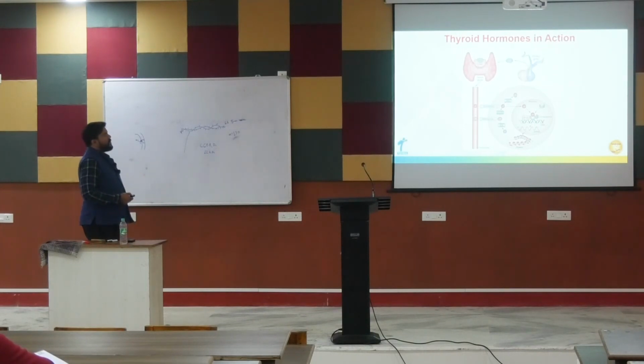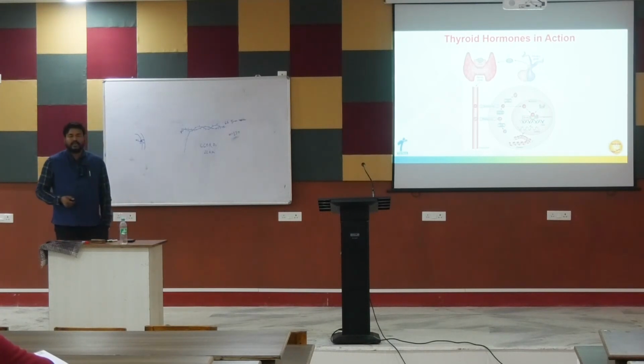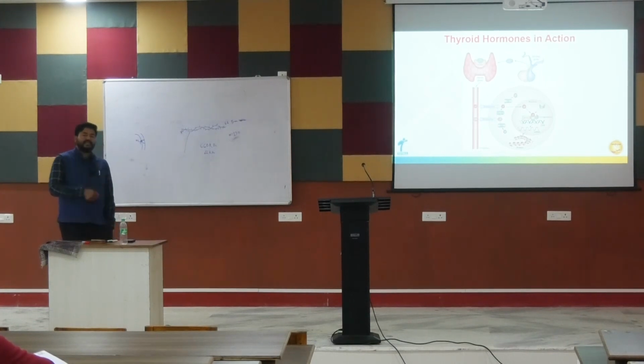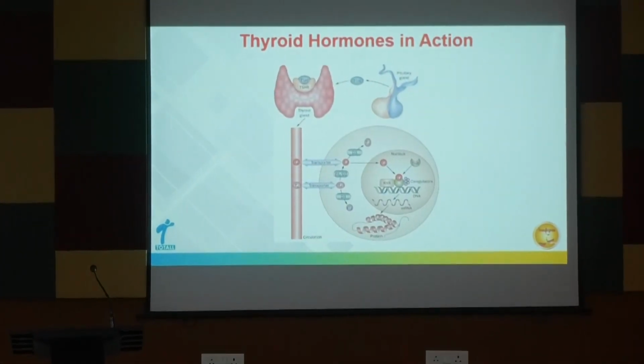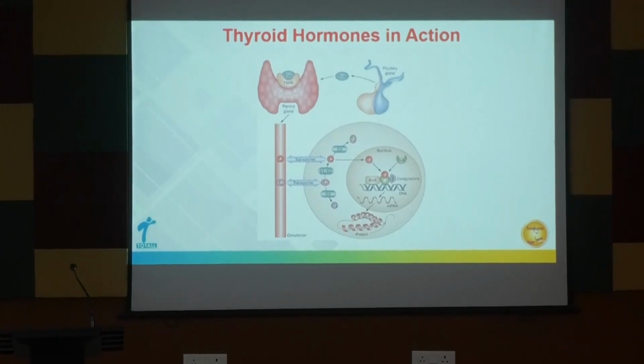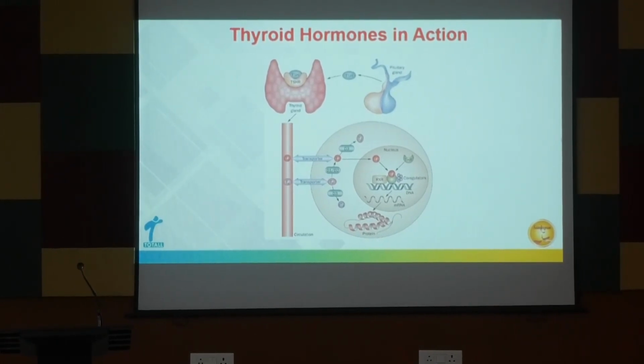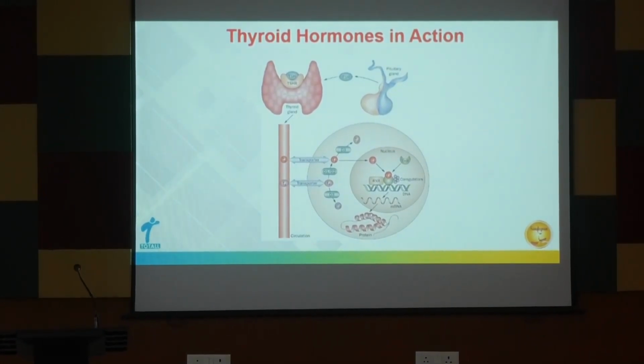This thyroid stimulating hormone acts on the thyroid gland to produce thyroid hormones. It stimulates every step, from the iodine uptake up to secretion of the thyroid hormone into blood. All these steps can be activated by thyroid stimulating hormone.